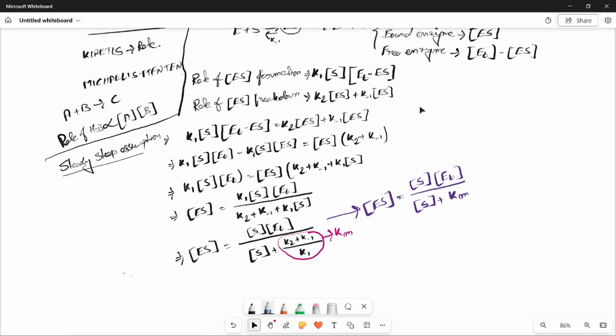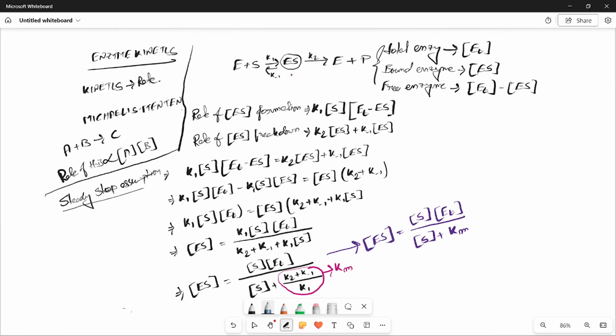Only this portion I am talking about, the rate of product formation. If the rate of product formation is V naught, V naught equals what? The rate constant is K2 and the concentration is ES. Right? From this we can simply write ES equals V naught by K2.